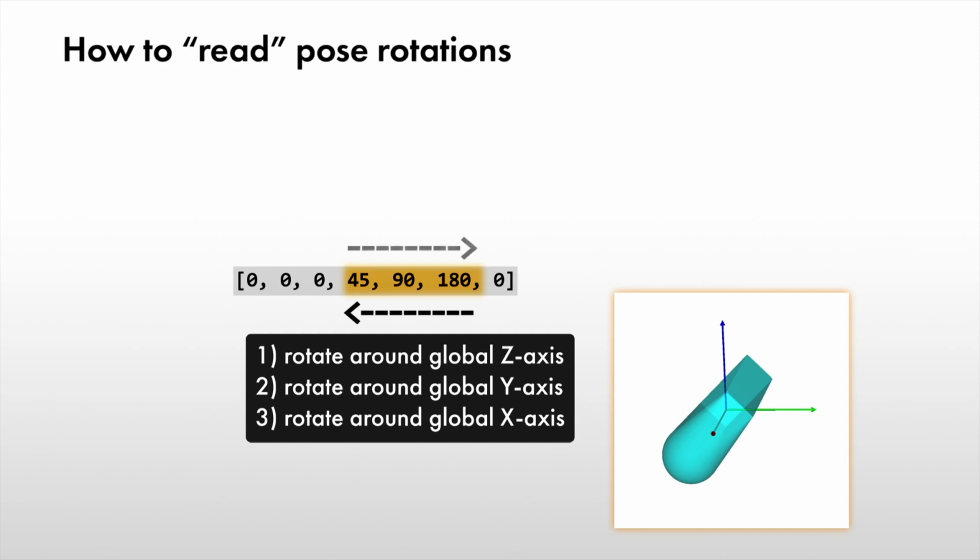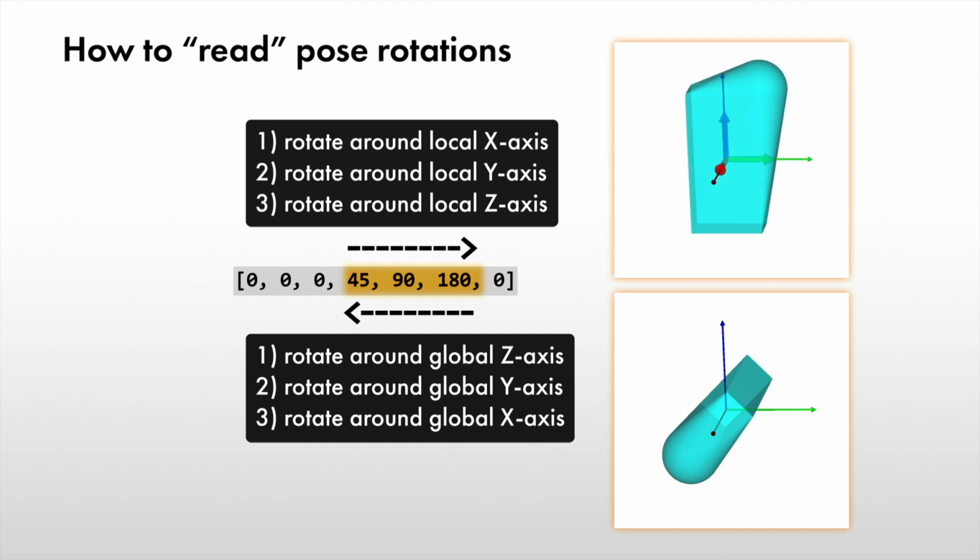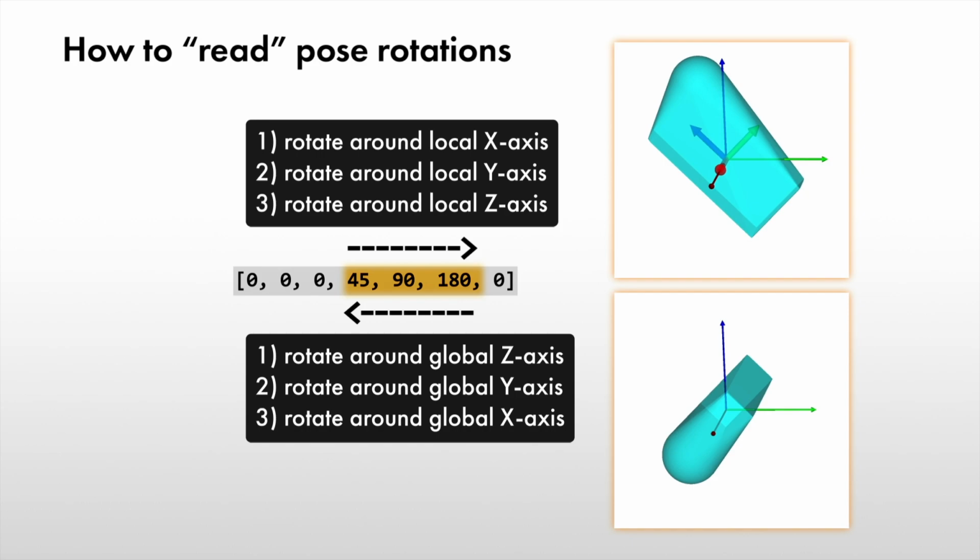On the other hand, if you read the rotations from left to right, you rotate relative to the local coordinate system. In this visualization, we added a local coordinate system that is rotated alongside the actual object. As described, we first rotate around the local x-axis, then the local y-axis, and then the local z-axis.